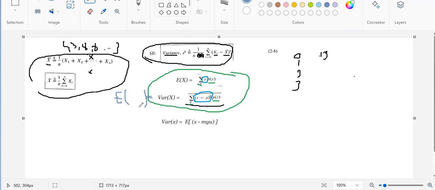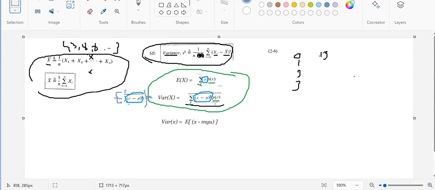But anyway, if this is the expected value of x, then this we can say is the expected value of x minus mu squared. So the variance is the expected value of x minus mu squared.